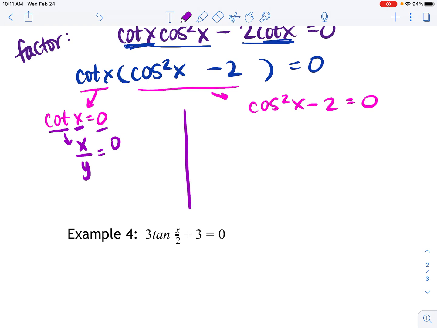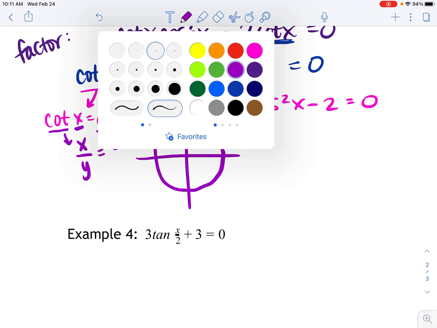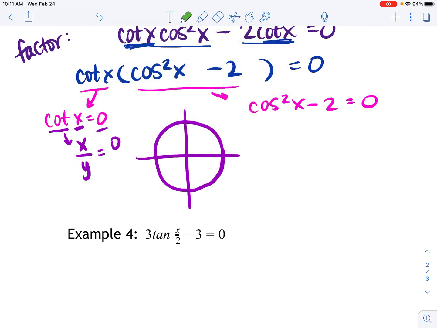I'm going to go to my unit circle and draw a few points on it, the ones I have memorized at 0 degrees, 90 degrees, 180 degrees, 270 degrees.